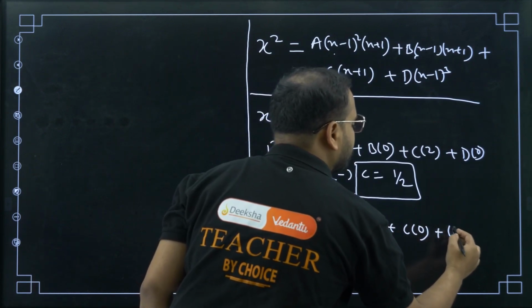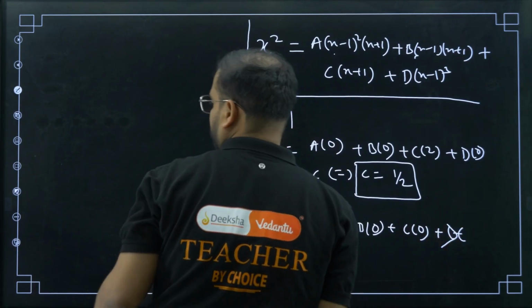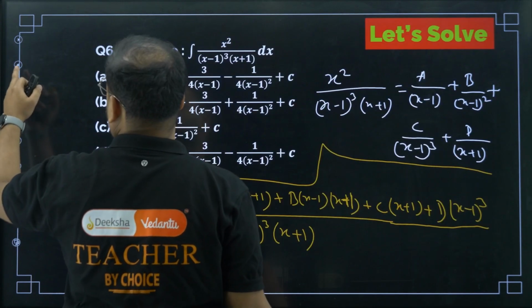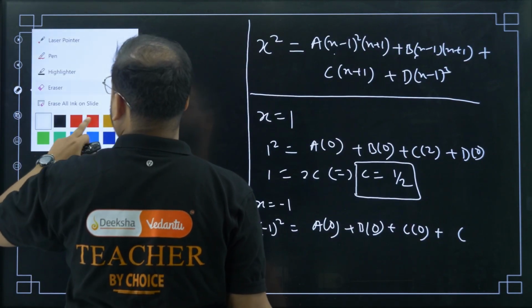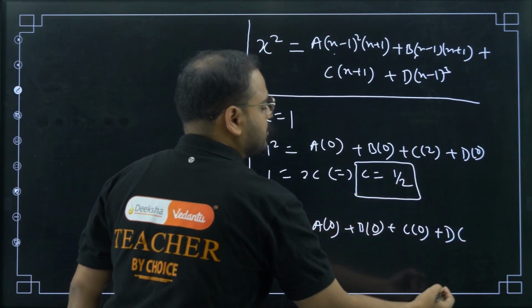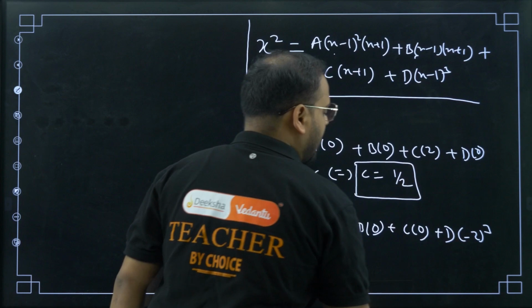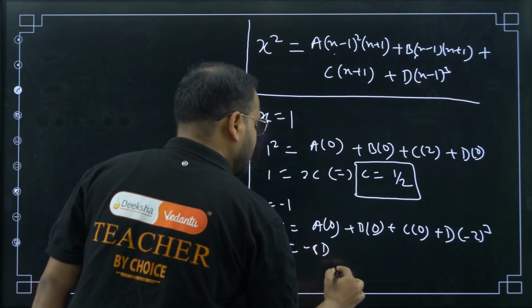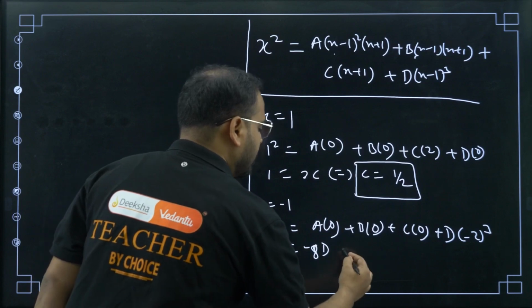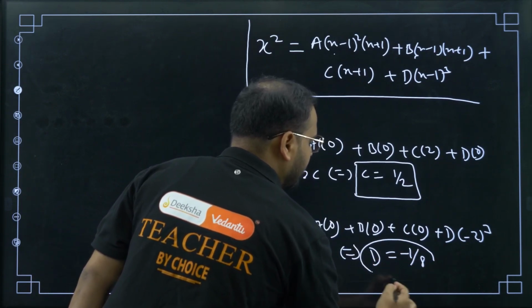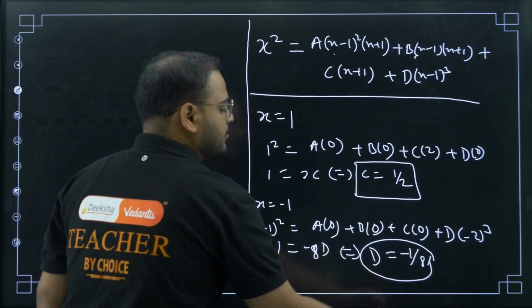Plus d times of, let me rewrite this part. Looks confusing. Plus d times of minus 1 minus 1, simply minus 2 the cube. So 1 equals to minus 8d. So how much is d? D is simply minus 1 by 8. So d is also done.